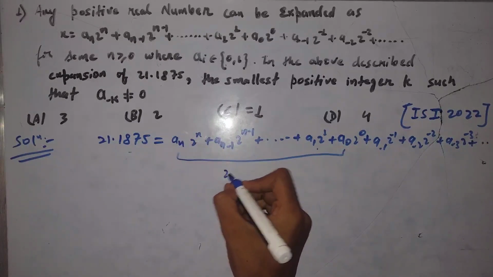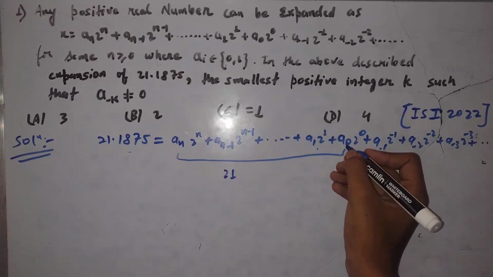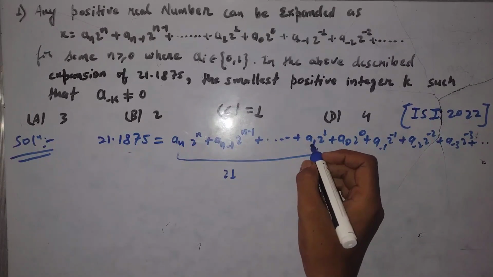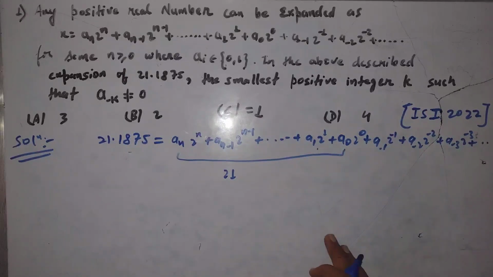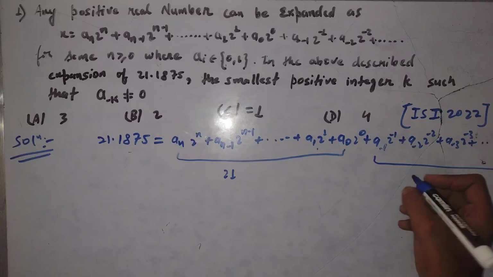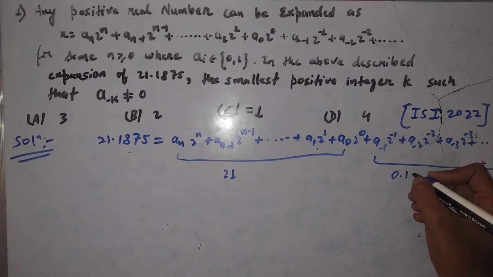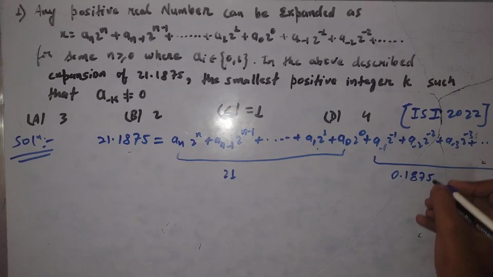So this will add up to 21. Every a_i is either 0 or 1, multiplied by 2 to some power, which gives integers, and the fractional part will be contributed by the rest of this series. So this must sum up to 0.1875.